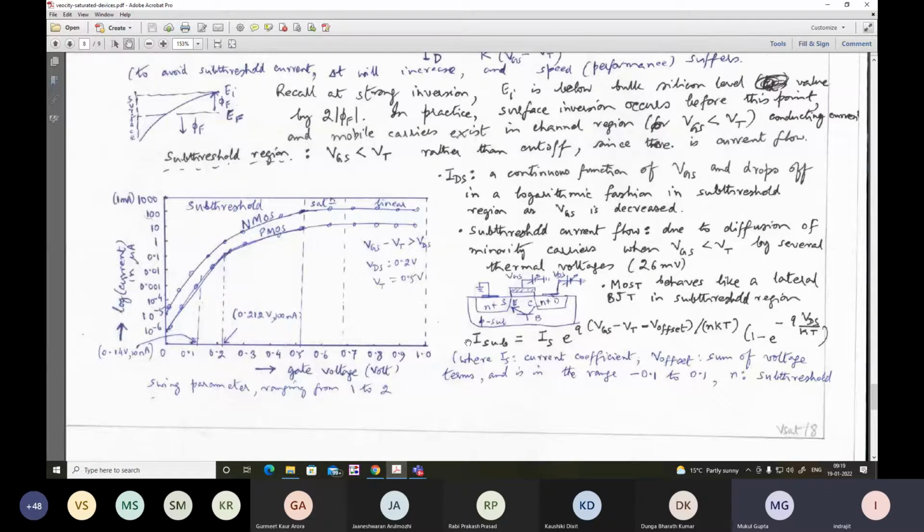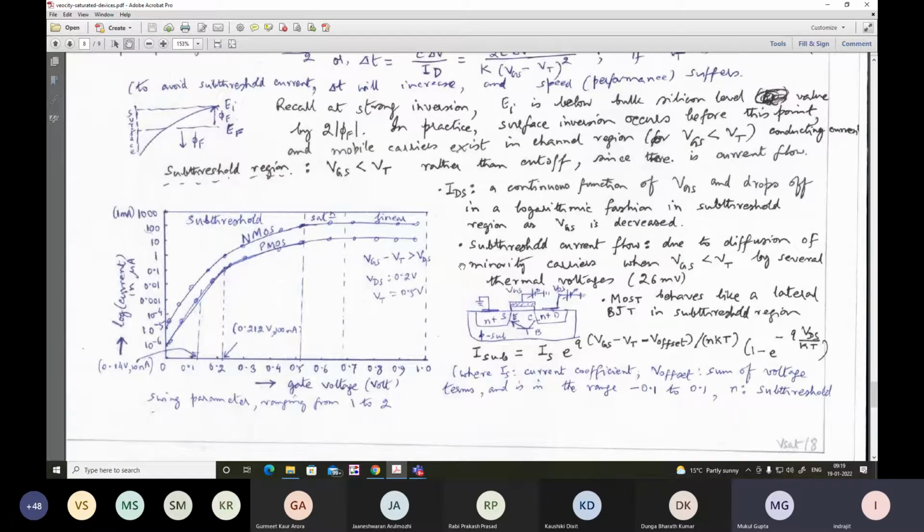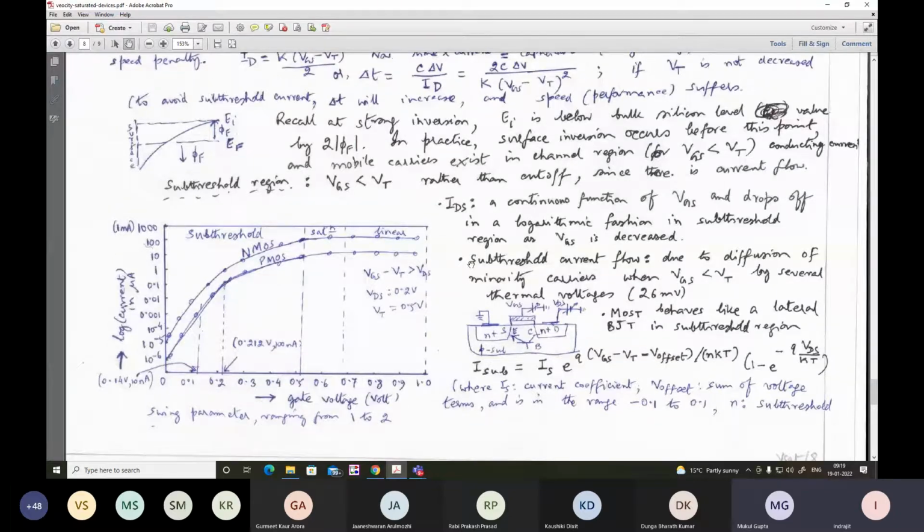To control the subthreshold power dissipation, it is advisable to keep the threshold voltage relatively higher. But this will introduce some speed penalty, meaning the propagation delay will increase. But for the sake of containing power dissipation, sometimes people keep the threshold voltage at a relatively higher value.